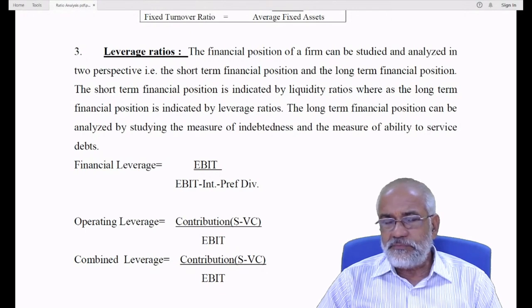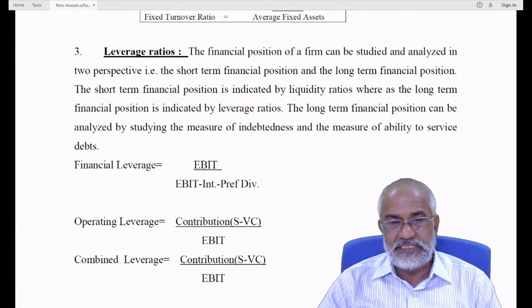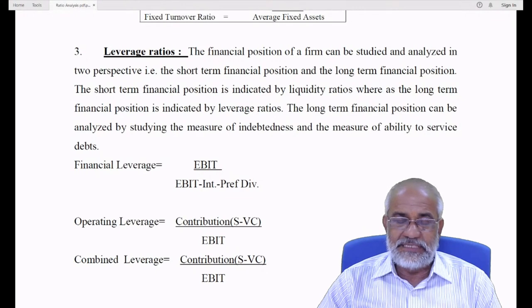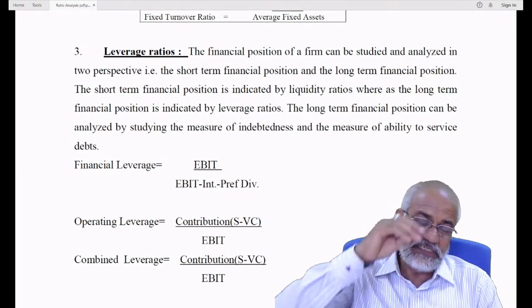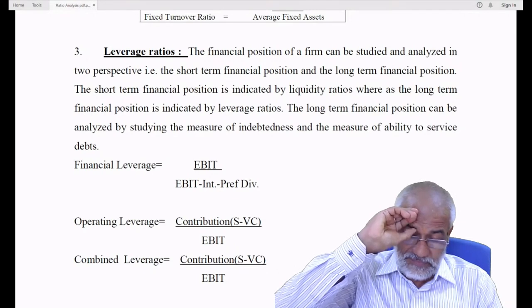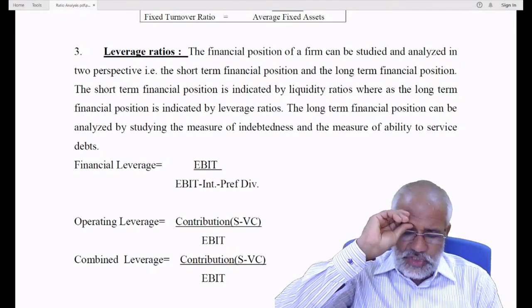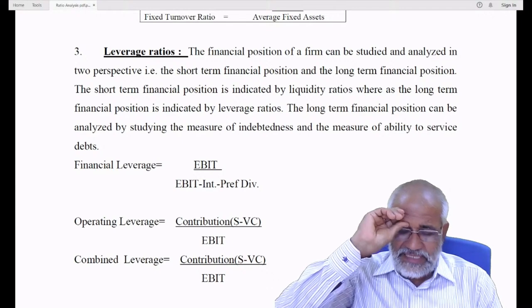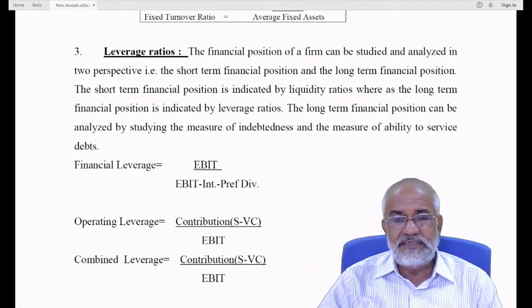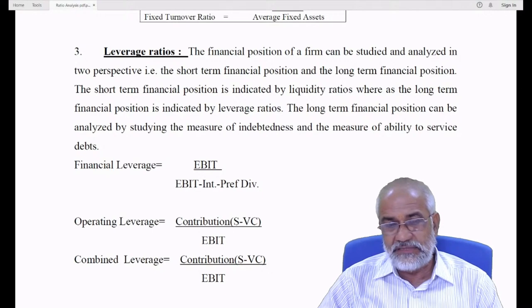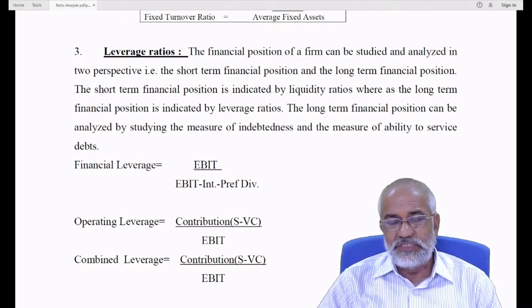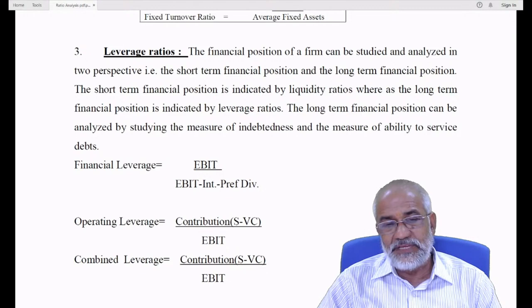Suppose there is one unit in one organization. The investment for that particular unit is say 1 lakh rupees, and its return is 30%, or 30,000. At this juncture, the organization thinks of establishing a second unit similar to the first unit, which requires the same amount of investment and has the same rate of return, that is 30%.